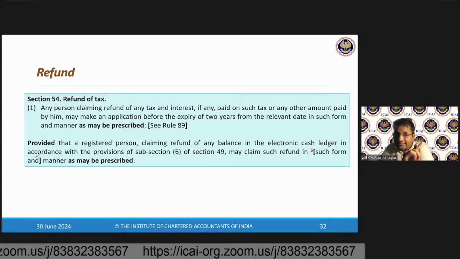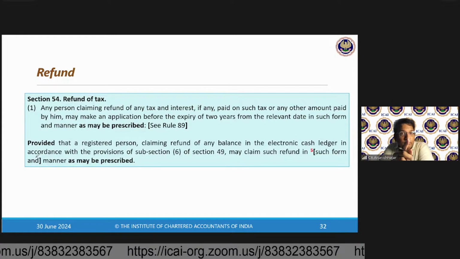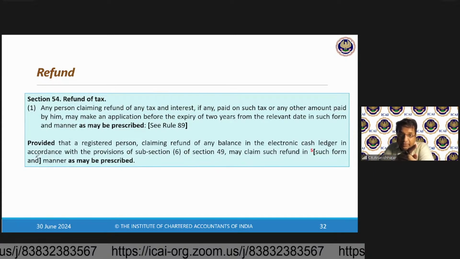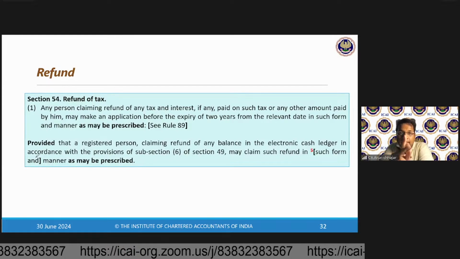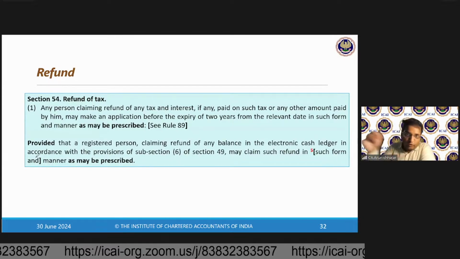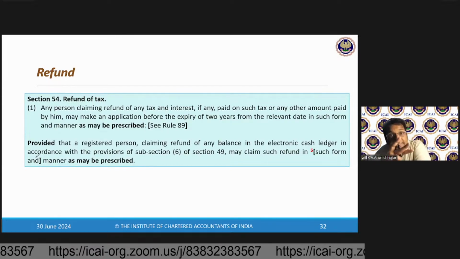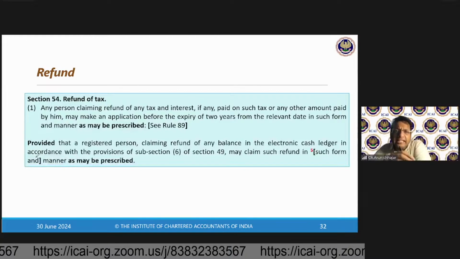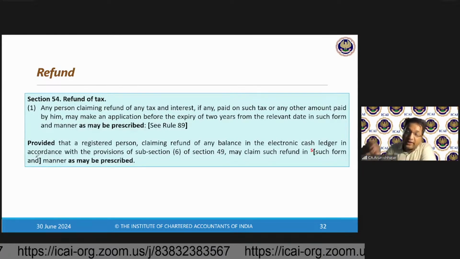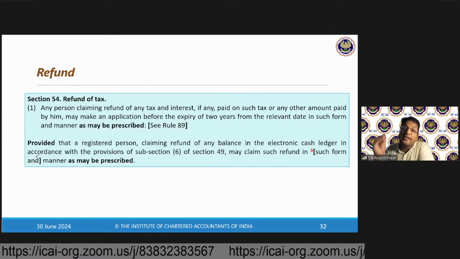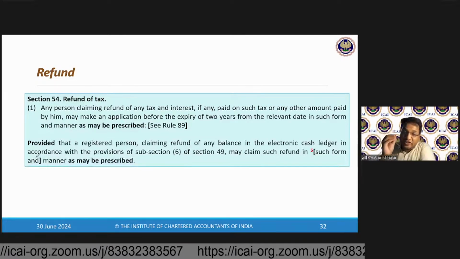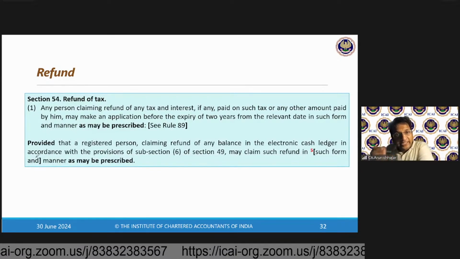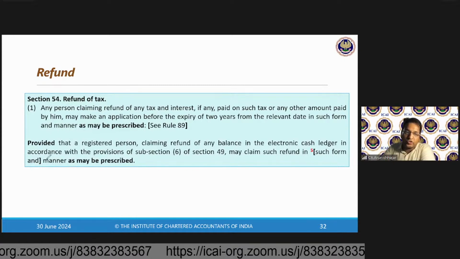We have discussed in the registration chapter that an unregistered person can also make the supply of goods through ECO. Second is advance ruling, which we will discuss today only. And third is refund. So in case all the conditions are satisfied and he is entitled to take the refund, then how is the unregistered person able to take the refund?